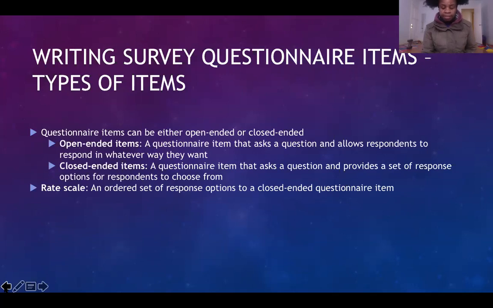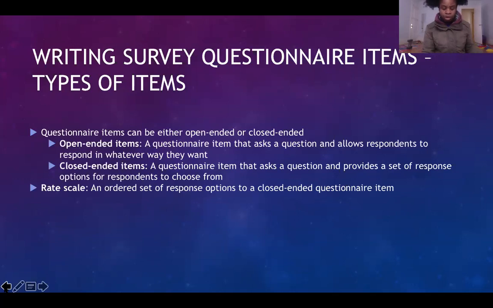Questionnaire items can be either open-ended or closed-ended. Okay. Open-ended items simply ask questions and allow participants to answer in whatever way that they choose or whatever way that they want. Closed-ended items ask a question and provide a set of response options for participants to choose from. Okay.